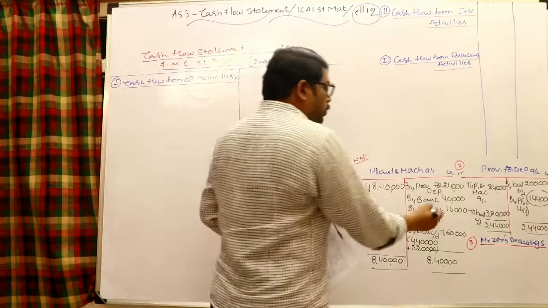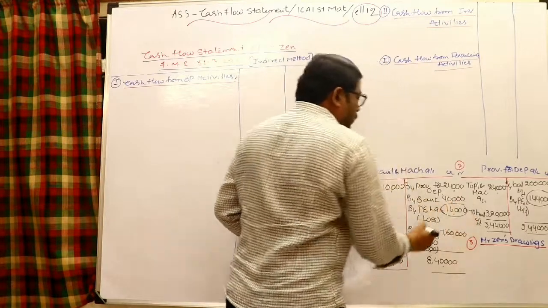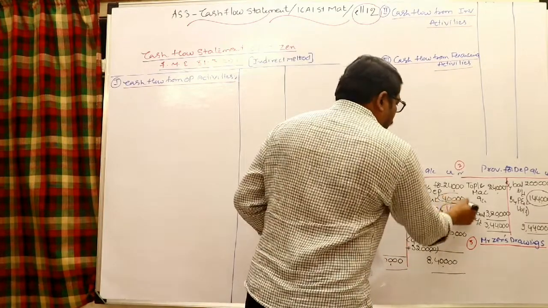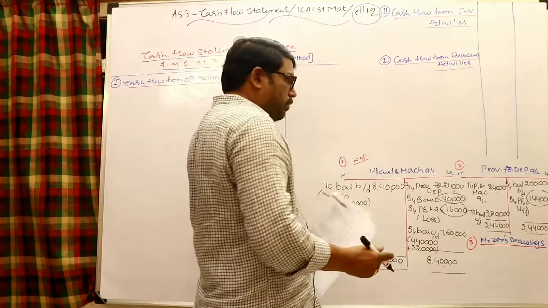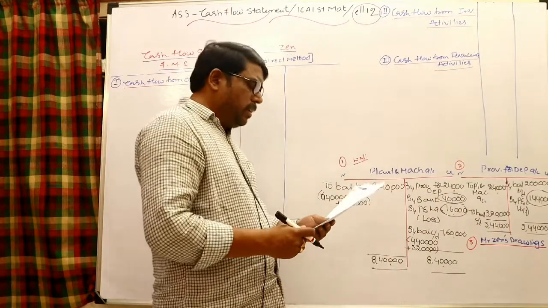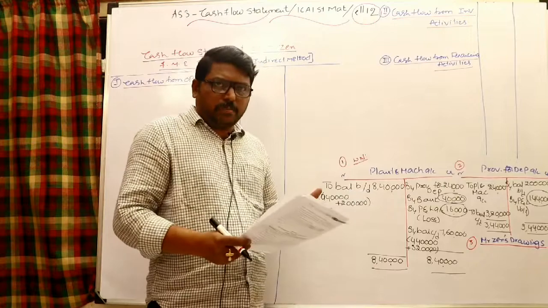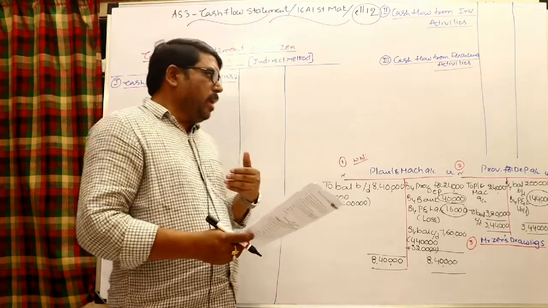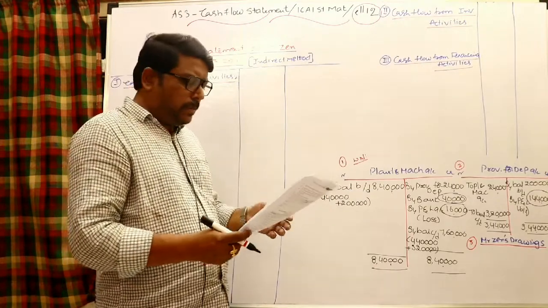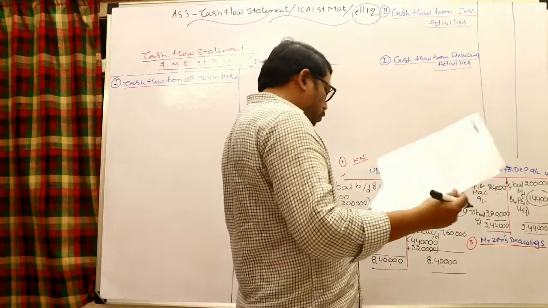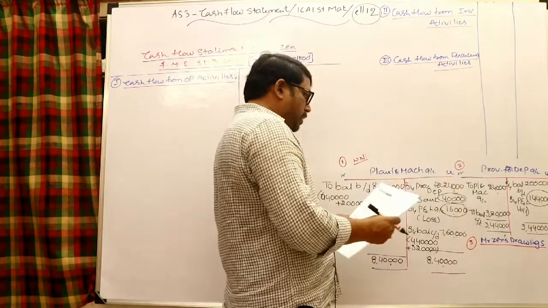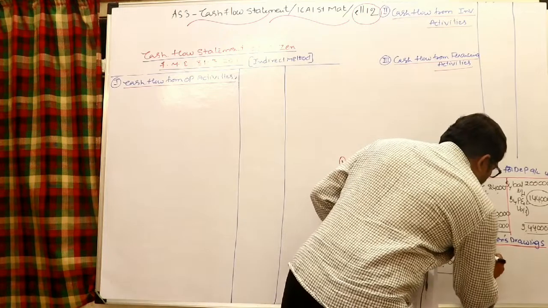Okay, so this is the loss. This is the sale proceeds of the plant and machinery. Okay, and lastly, let us come to know any additional capital brought in by the proprietor, or drawings made by the proprietor. Let us take what was the opening capital given for the proprietor. Opening capital 10 lakhs.